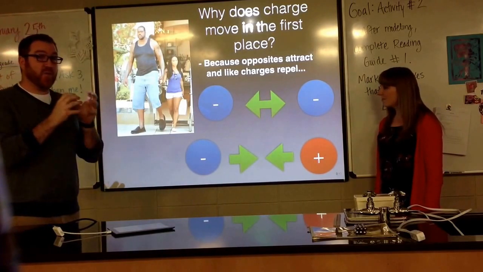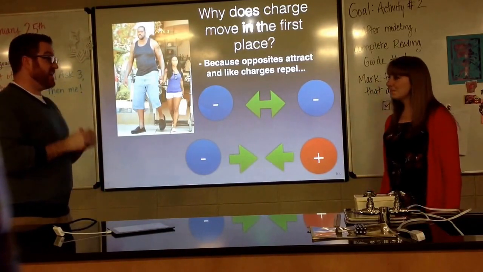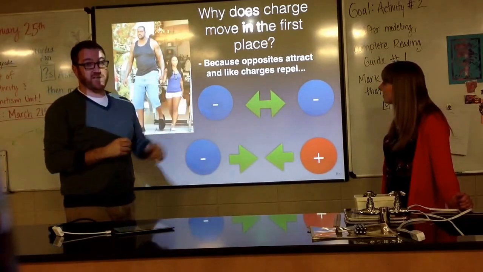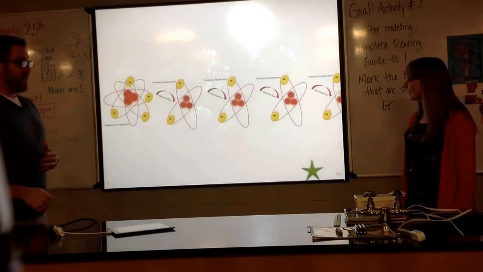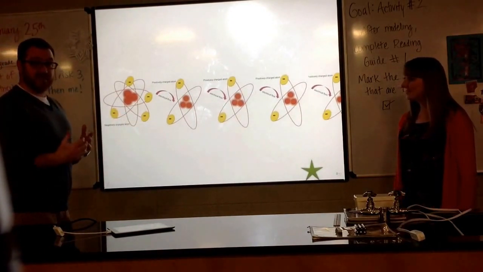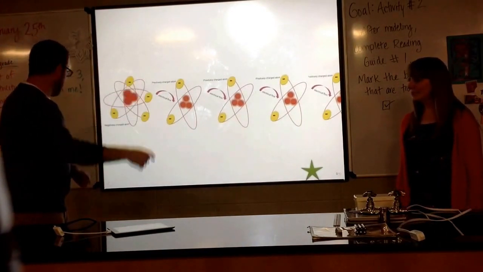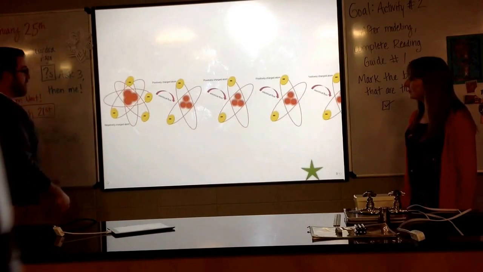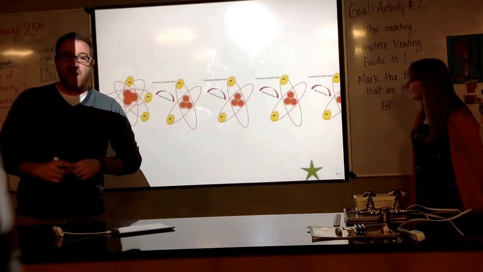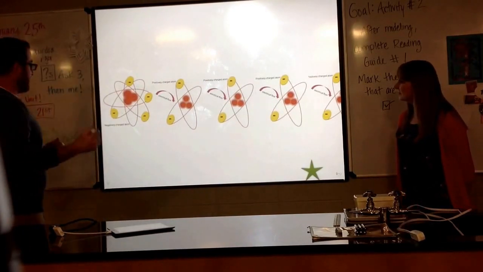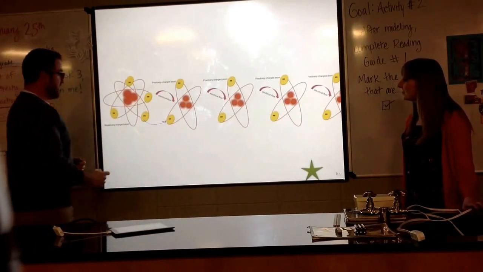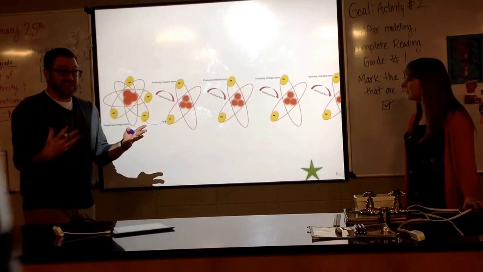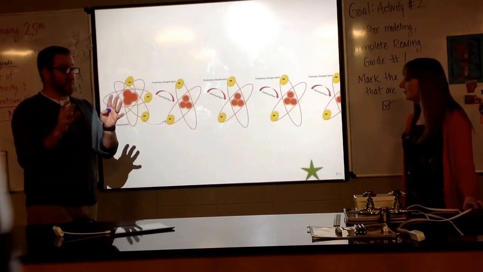So, again, what we are ultimately interested in is this movement of electrons. Because if we bump an electron into one another, we can get these electrons to move in a straight line. What I have here are 5 atoms lined up. If we can get this electron to move from there to there, the electrons are going to get ticked off, because they do not like one another.